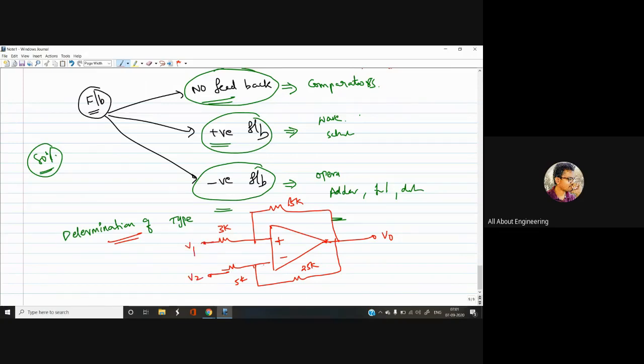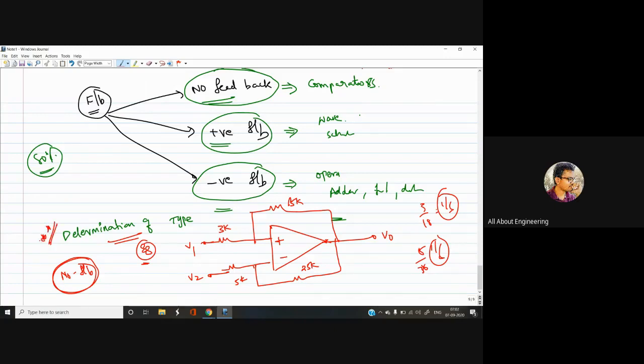Now, looking at this simple circuit, what type of feedback is it? Many will say either positive or negative, but no one will say no feedback. V_o times 3K by 3 plus 15, that is 3 by 18, so 1 by 6. Here also 5 by 30, 1 by 6. So this is absolutely an example of the no feedback case. Soon, in the next session, we are going to see how to determine the type of feedback.